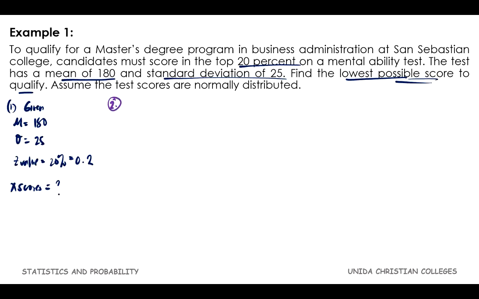Our second step is to draw a normal distribution. We know that the center is always the mean, which is 180.